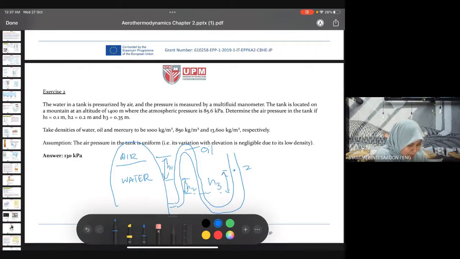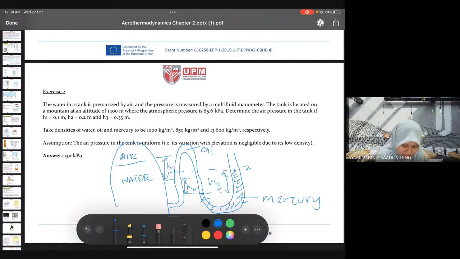So H3 is a bit higher than H2. This one is at this level. So this is mercury. From here until here, this is mercury. All of this is mercury.